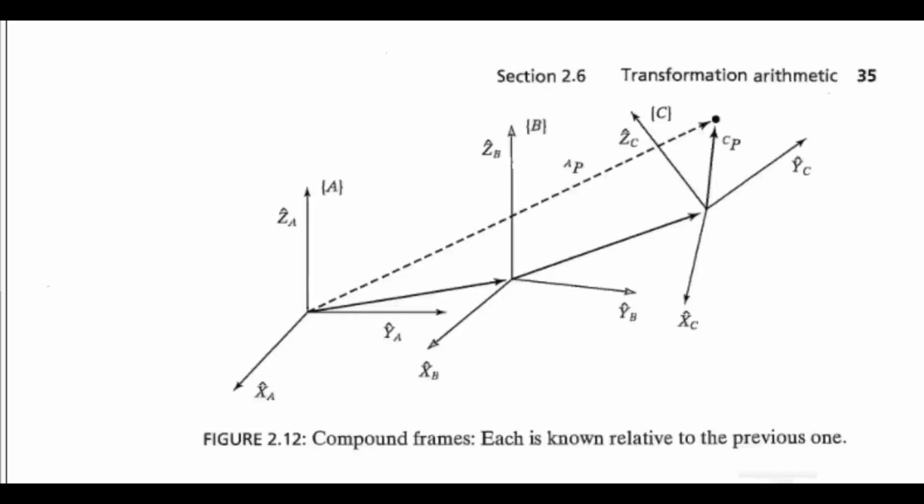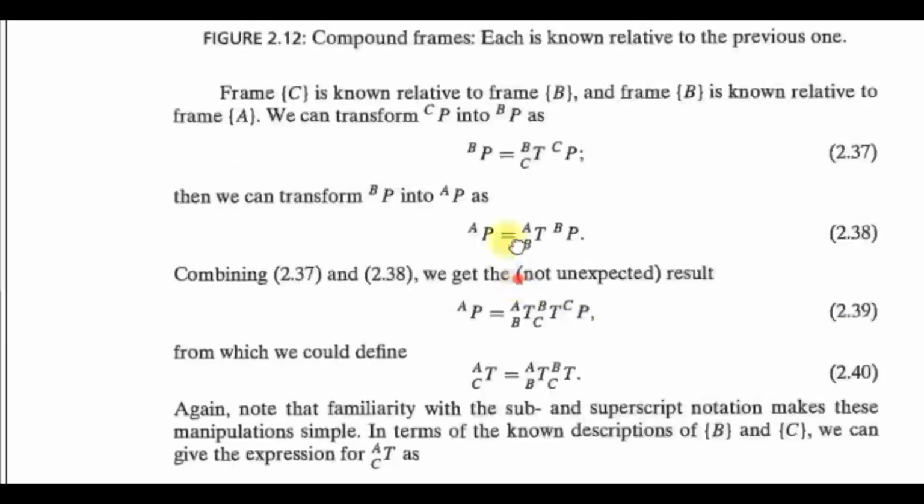Then the translation. Here the A and B are parallel. Okay, so A frame and B frame are parallel without any rotation.